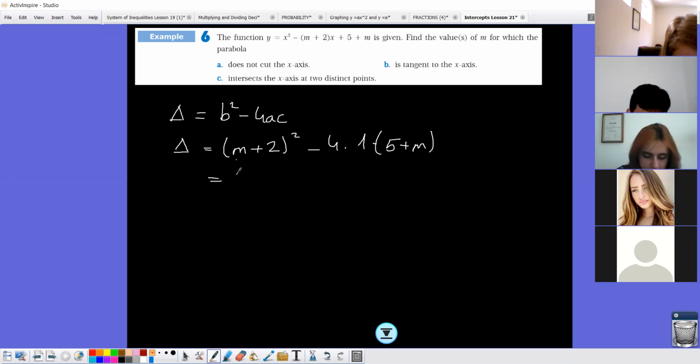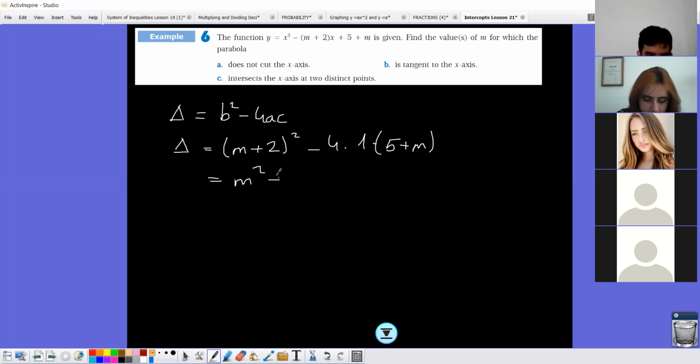So what we have here: m squared plus 4m plus 4 minus 20 minus 4m. The plus 4m and minus 4m will cancel each other. So the discriminant is equal to m squared minus 16.